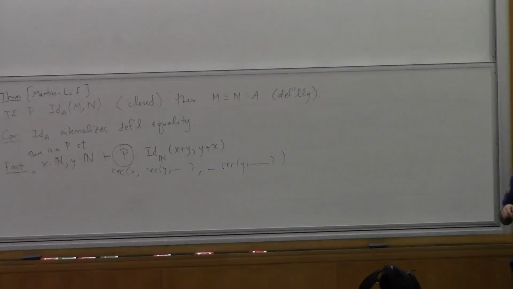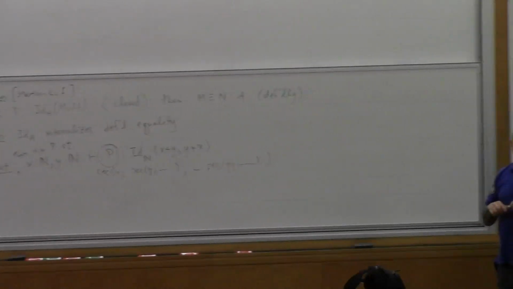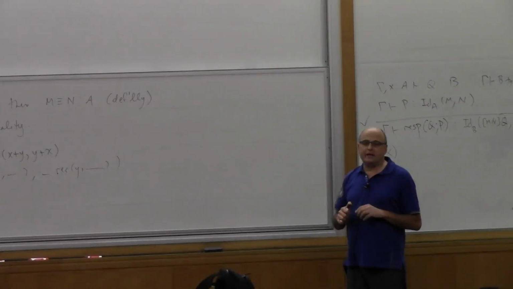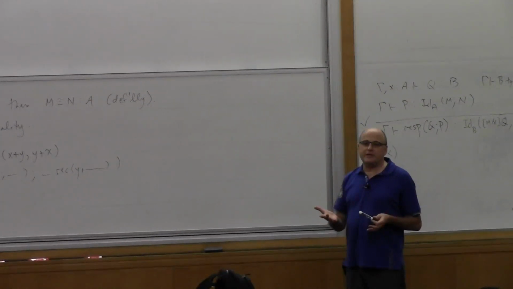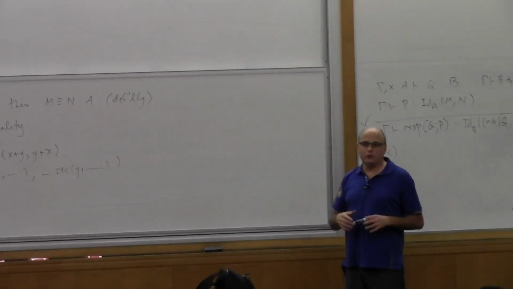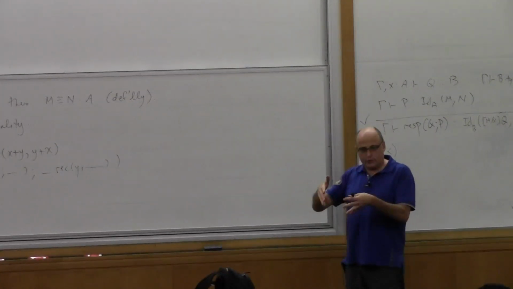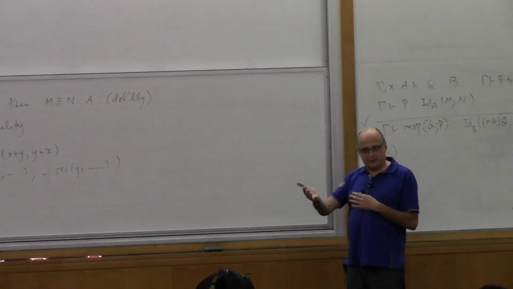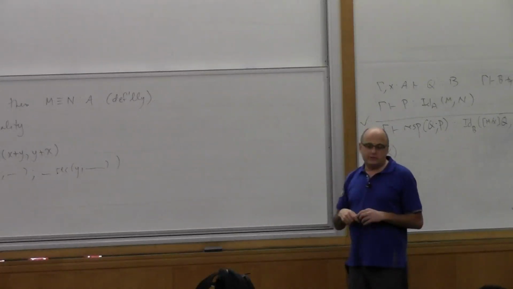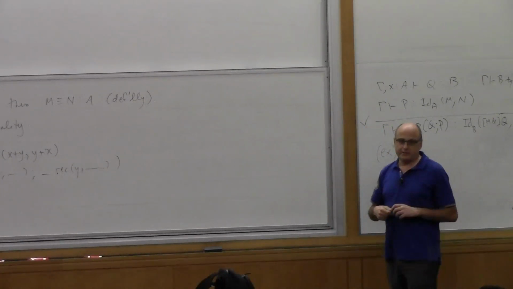So that's what I want to say. In the category of abelian groups, the group homomorphisms form an abelian group. So the category of abelian groups internalizes its own hom, its own mappings. Whereas for non-abelian groups, that isn't necessarily the case.